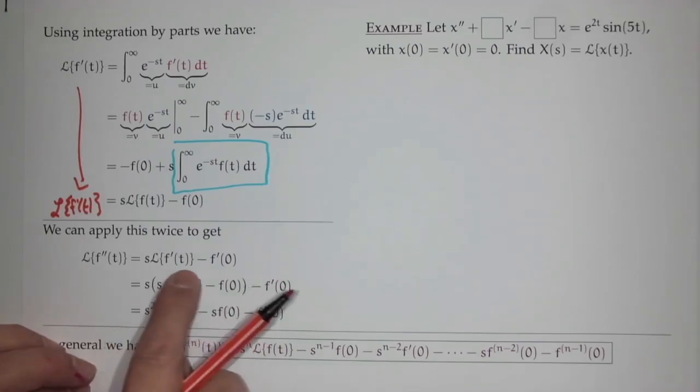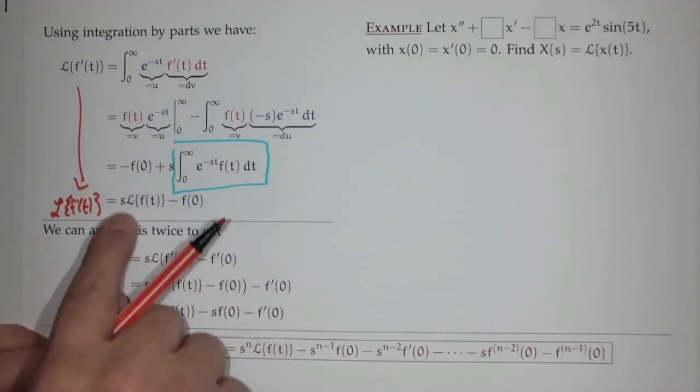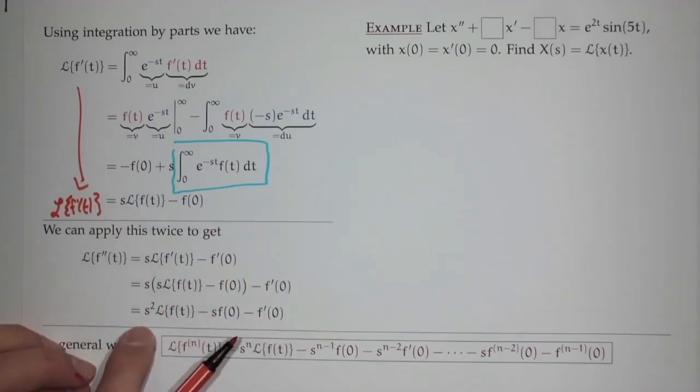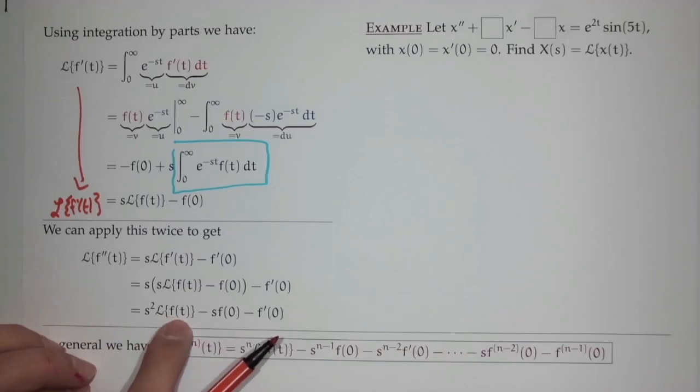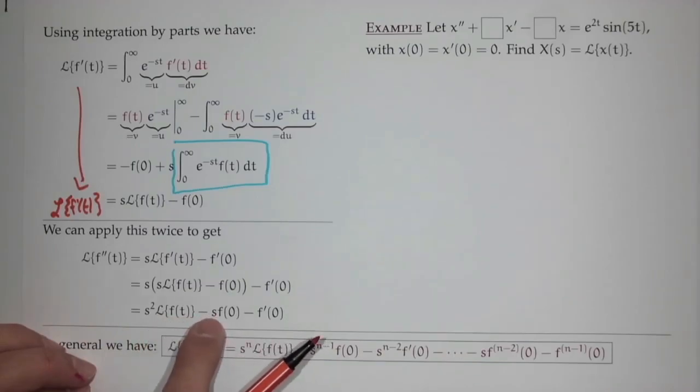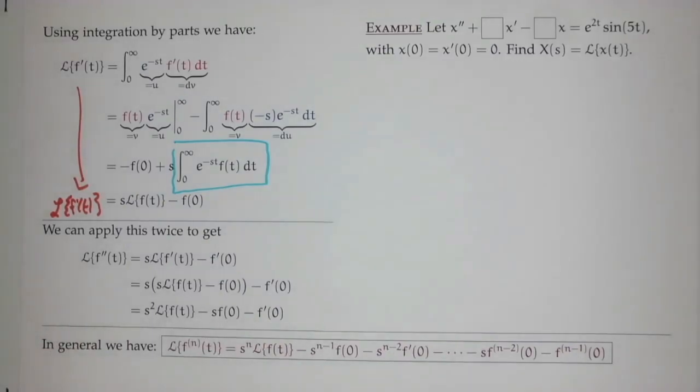Copy the rule again, and you get s squared times the Laplace transform of the function, minus s times the function at 0, minus f prime of 0. And you can repeat, repeat, repeat.